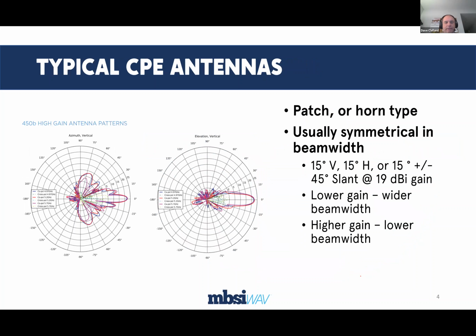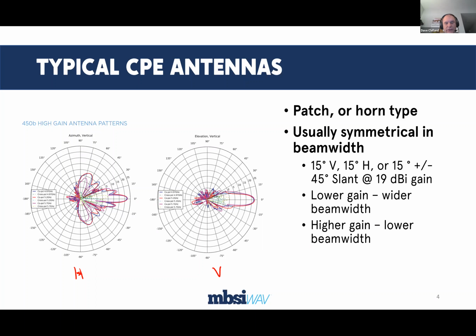All right, so a typical CPE antenna, this happens to be a 450B high gain antenna pattern that we see here. We have the horizontal pattern on the left here, and we have the vertical pattern on the right. What we can see here, of course, is that we have a main lobe.